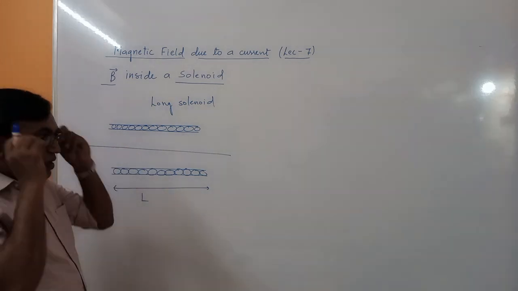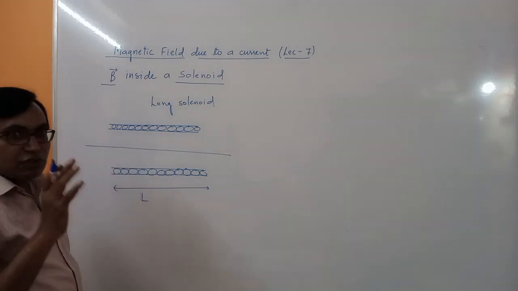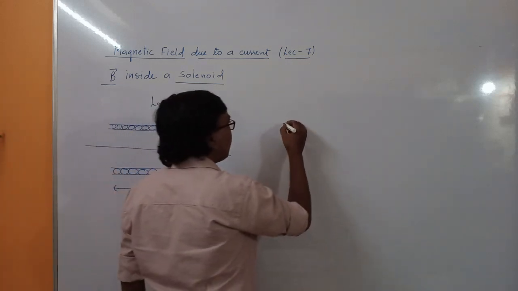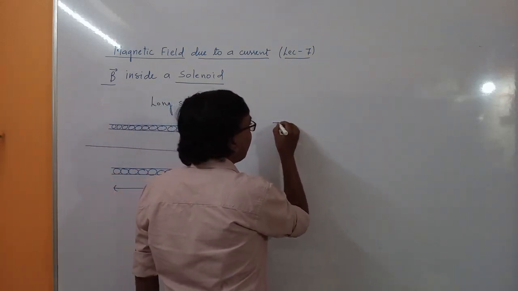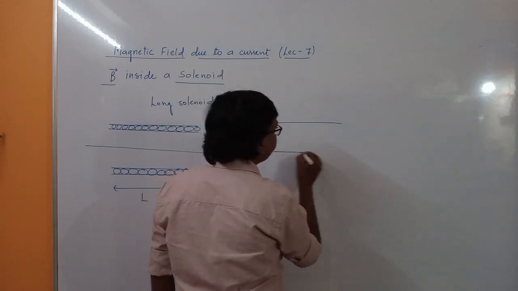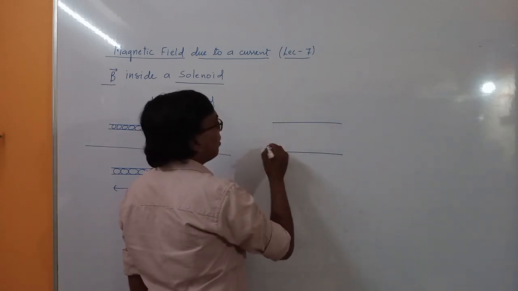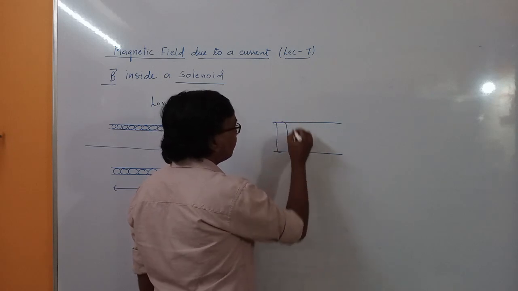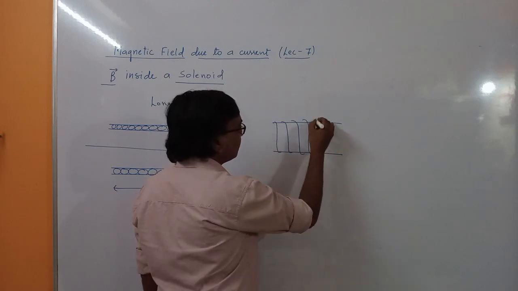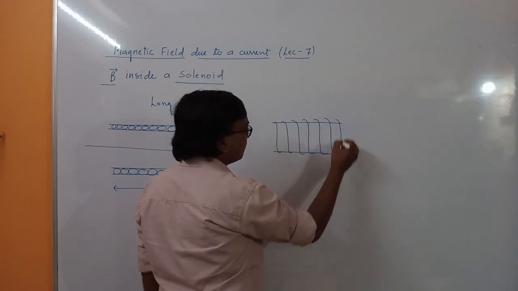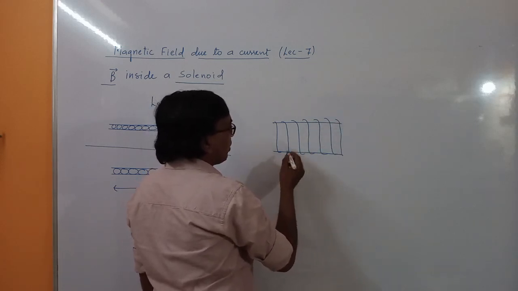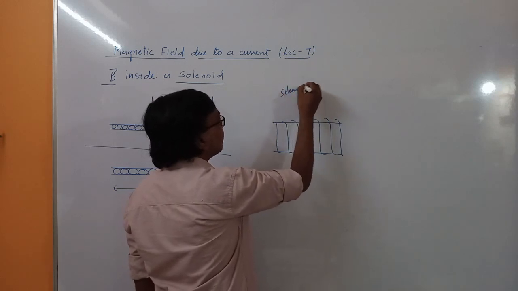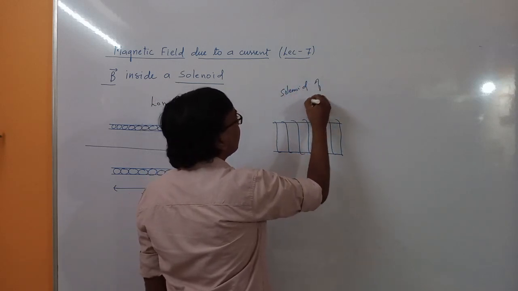Now why are we not considering a small solenoid? Why are we considering a long solenoid? Because for a long solenoid, the magnetic field lines. Actually, let us take a normal solenoid, a solenoid of any length.